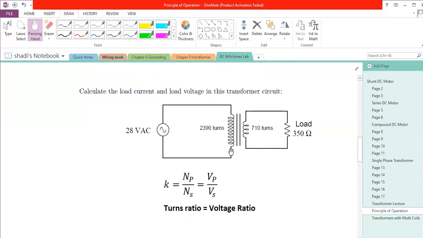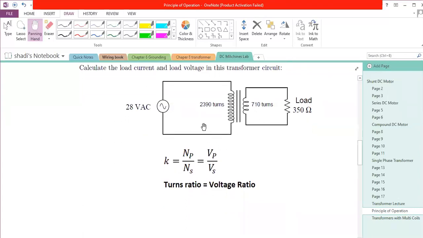This leads us to a ratio between the voltage that comes from the primary and the voltage which will be generated at the secondary.